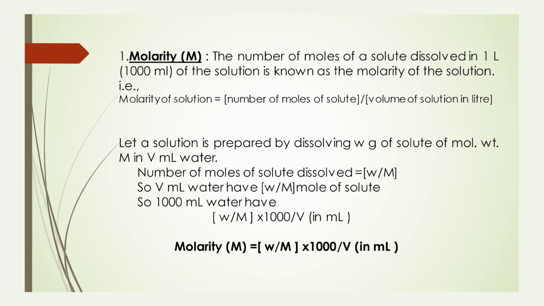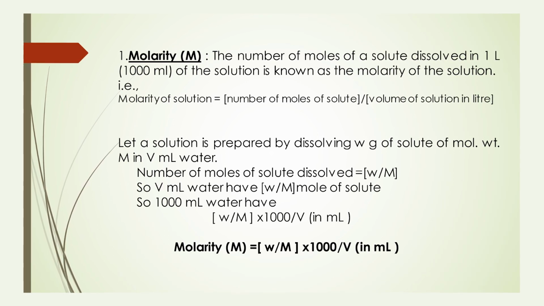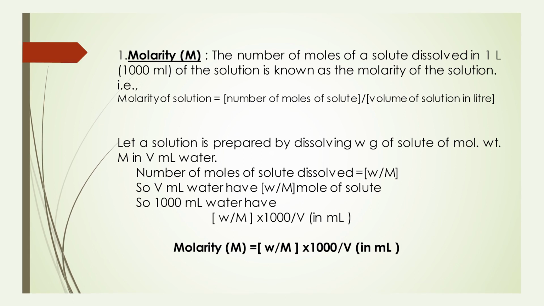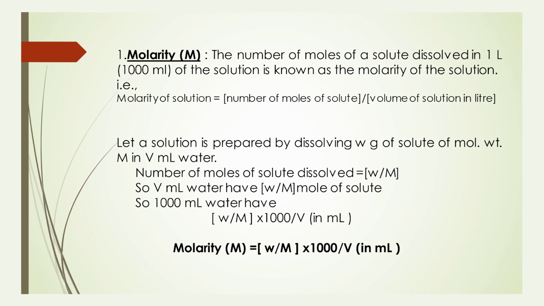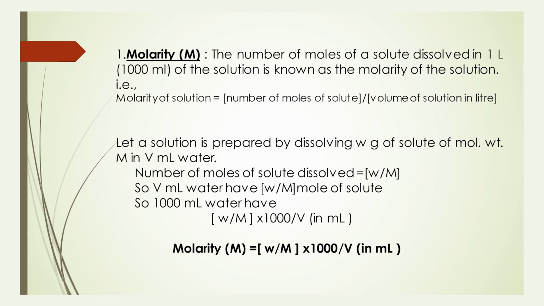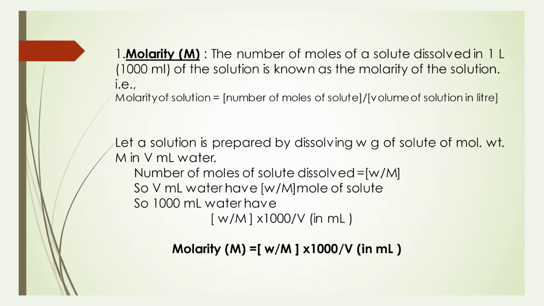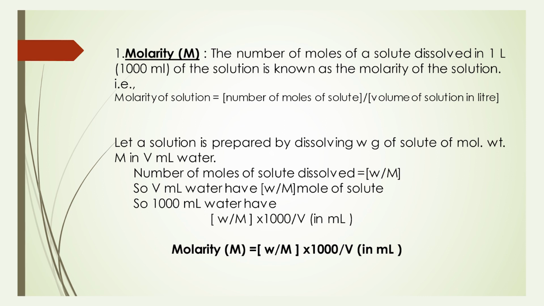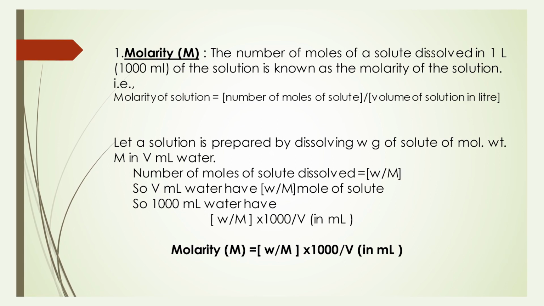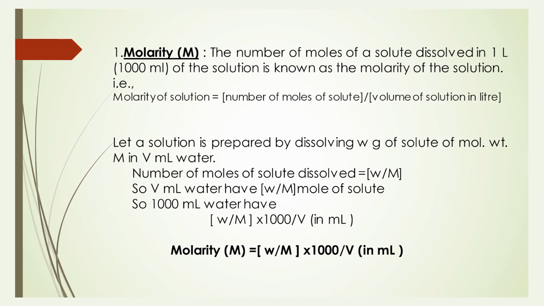So, capital M is equal to W by M into 1000 if volume is given in ml. Now, again I am preparing a solution. This is 2 gram of NaOH dissolved in 250 ml of water.